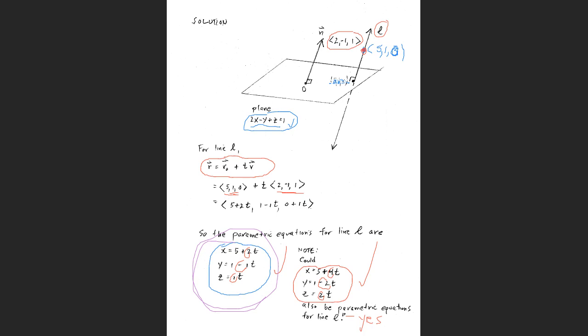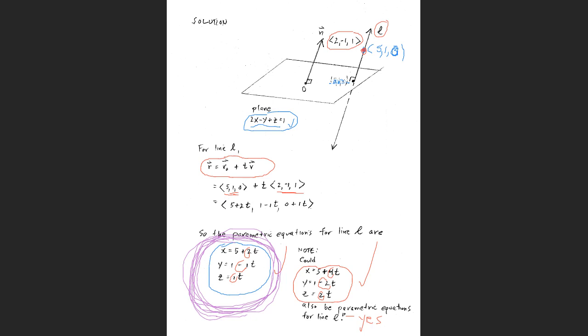I want to be extra clear here. This line given by these parametric equations, is it a vertical line, a horizontal line, or is the line askew, meaning it goes off at an angle in space? Like it's reflective of the line L, you're saying?